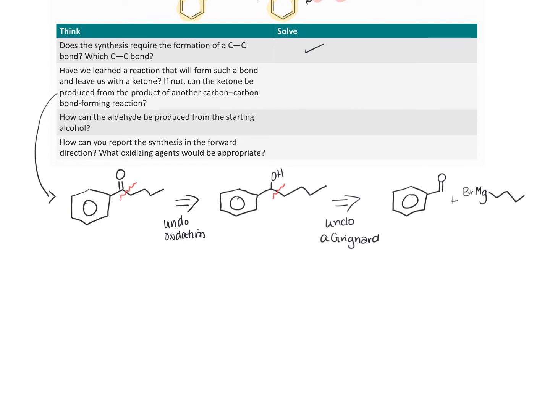Now we need to think about this in the forward direction. So how can the aldehyde be produced from a starting alcohol? To do this, we would need PCC.